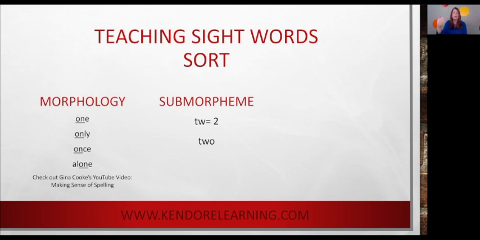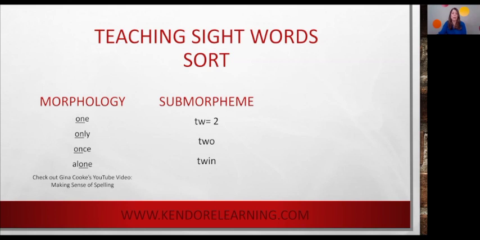Because we've got kids who constantly have confusion between these, and we think they need just more repetition, but maybe they need a little bit of meaning so they can anchor to it and figure it out from another word they already know, because they might be a twin, right? So if they're a twin and they know that means two, then they know that TW means the number two, then it's going to be TWO, right?